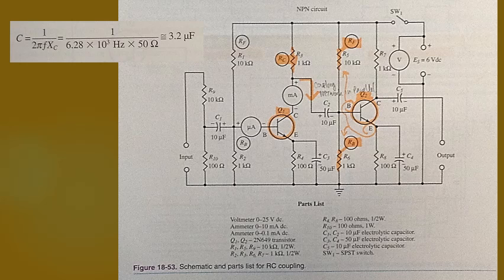Compare the output and input impedances of the transistors in the CE configuration. The input can be in the 500 to 1.5 kilo ohm range. The output impedance is in the 30 kilo ohm to 50 kilo ohm range. This is a severe mismatch.